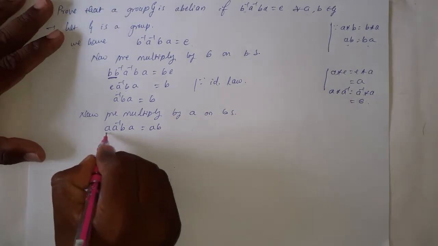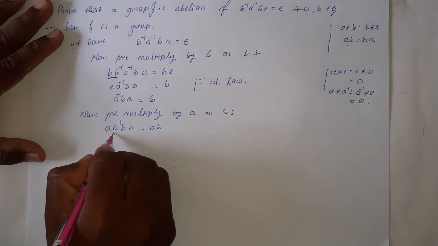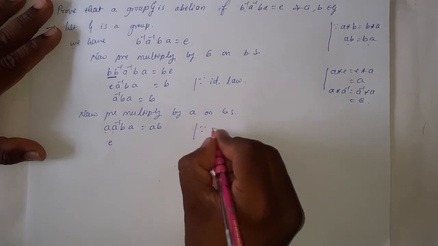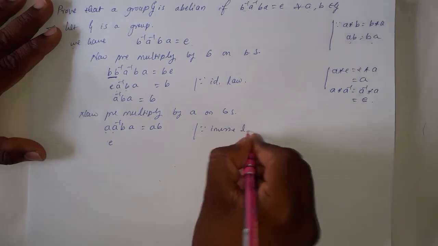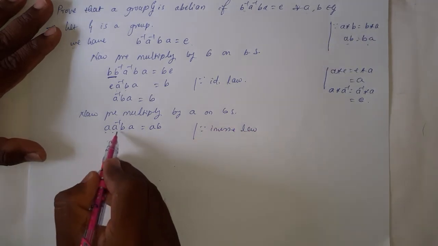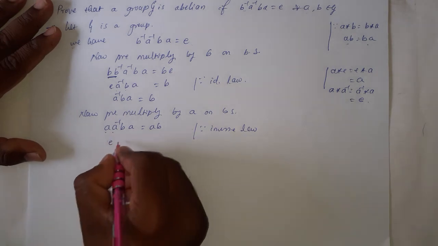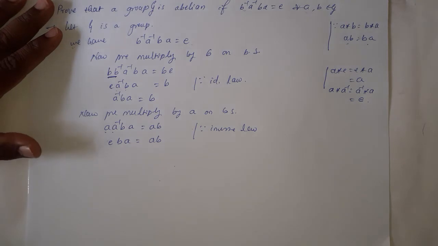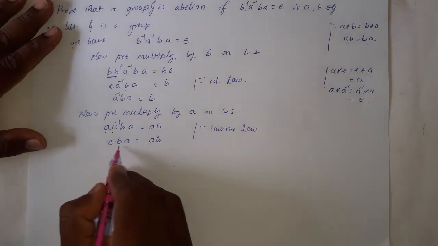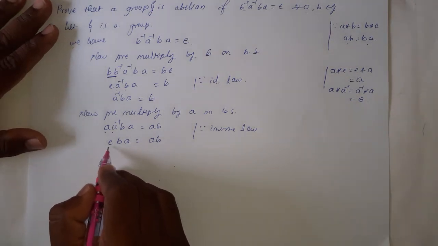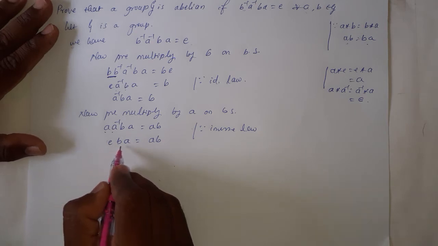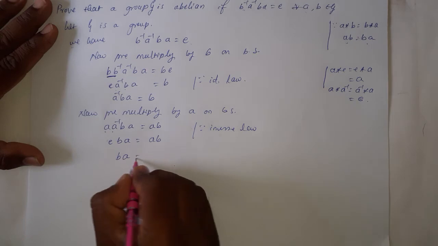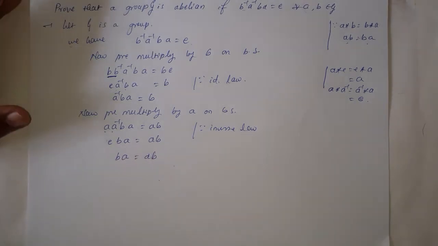And now A into A inverse, that is the identity element E. So here we can write, by using the inverse law, A A inverse as E, and then BA as it is, and here AB as it is. Now multiply BA with the identity element E, then that becomes E into BA, that is nothing but BA only, which is equal to AB, right.